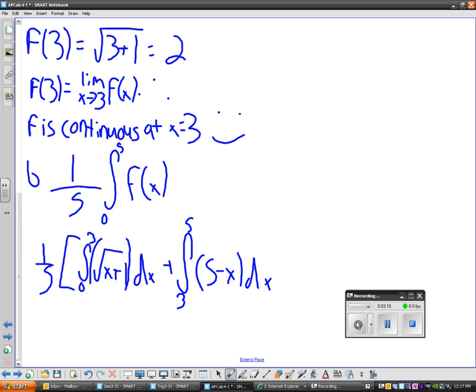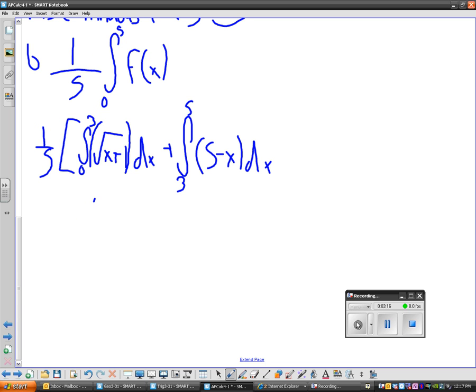So when we integrate, I'm actually going to do a u substitution here for my first integral. So u equals x plus 1, du equals dx, and I'm going to change my limits to 1 to 4.